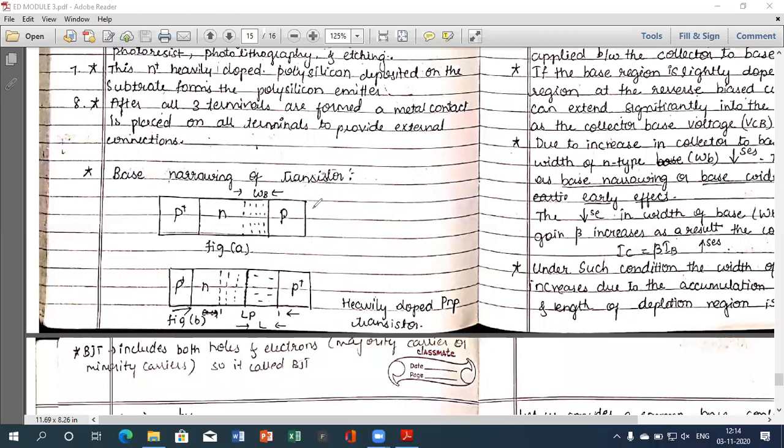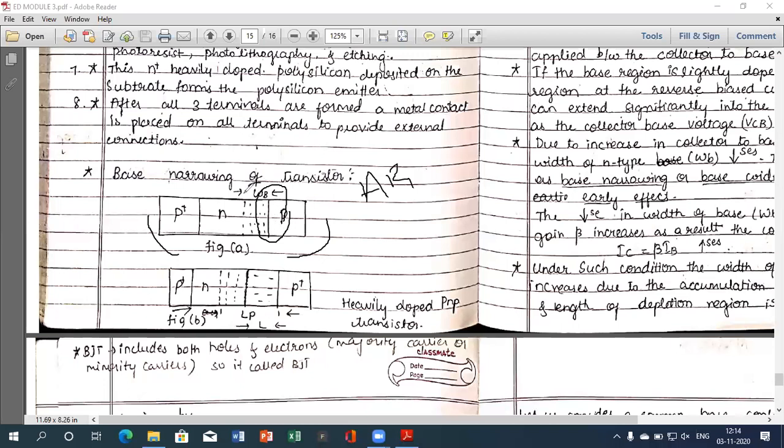So what I said, if I assume that it has three terminals, it is operating in the active region. Active region means this part is forward biased, this part is reverse biased. When this part is reverse biased, the depletion layer of this junction will increase.